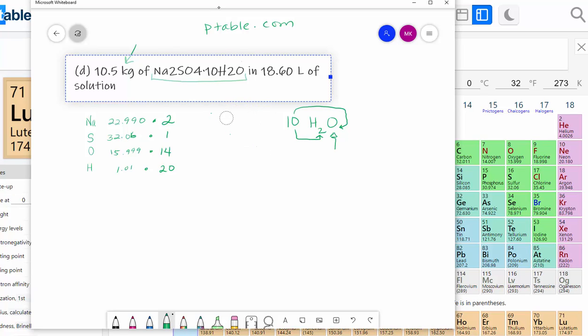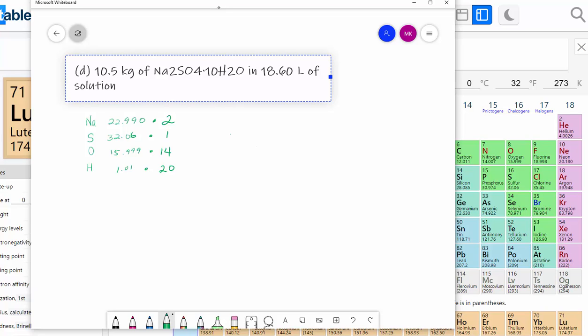So I'm going to find the molar mass of this hydrated sodium sulfate. In my calculator, I have 22.99 times 2, and I'm going to add that to 32.06, add that to 15.999, which is what's given in my ptable.com. Your periodic table may round to the nearest hundredth place, and you may get 16.00.